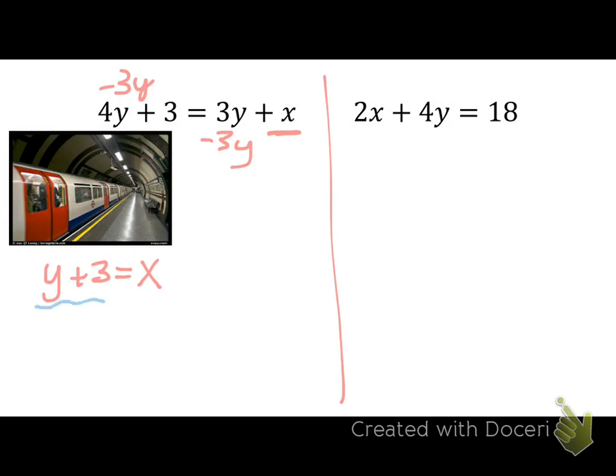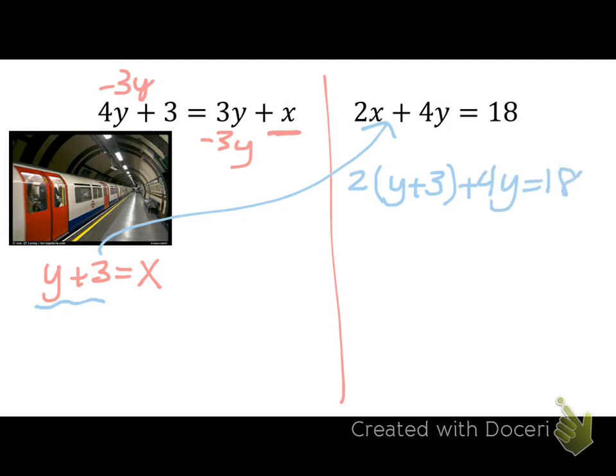So we can plug this in now for my x. Again, we put it in parentheses. So we can distribute. So we get 2y plus 6 plus 4y equals 18. Combine our like terms. 2y plus 4y is 6y.